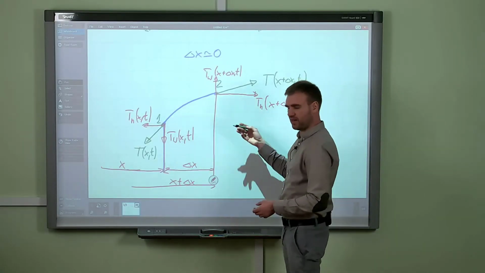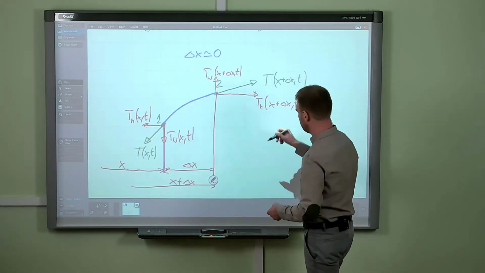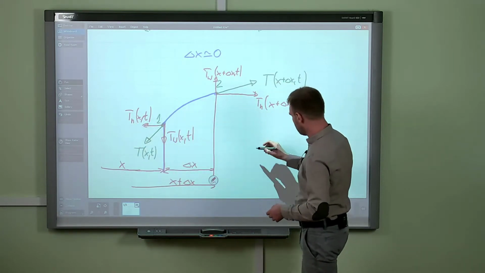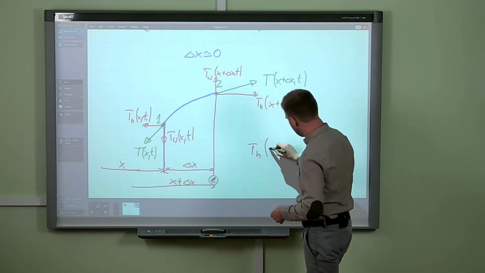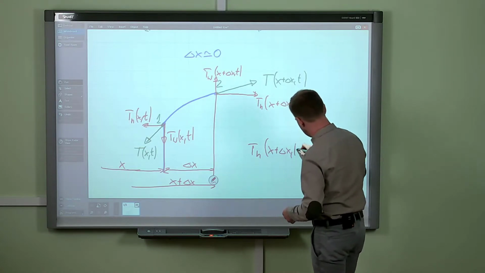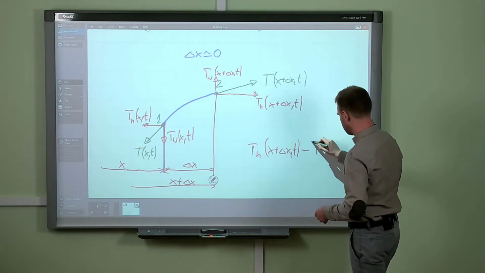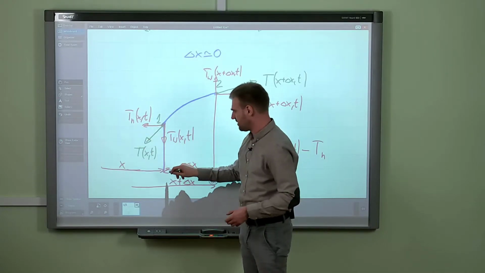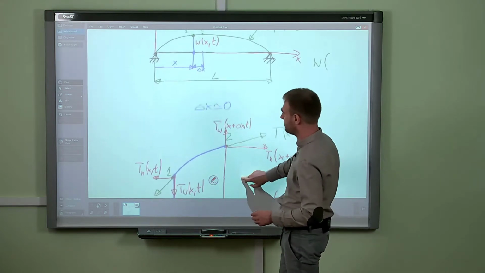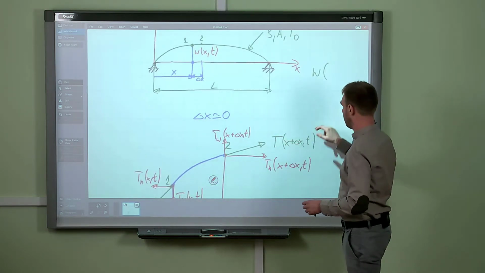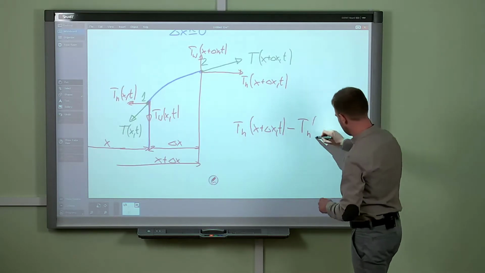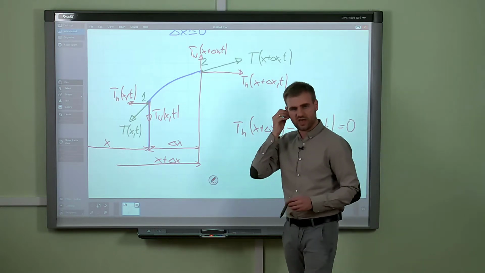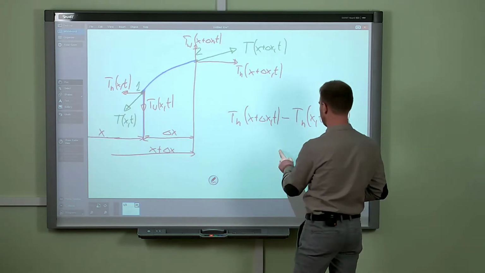If we are talking about the horizontal axis, the x-axis, we see that the equilibrium is given only by those forces. We see that T_H at x plus dx and t minus T_H, because the force T_H at the point x has the opposite direction to the assumed coordinate frame, is equal to 0, because we don't have any other horizontal force.